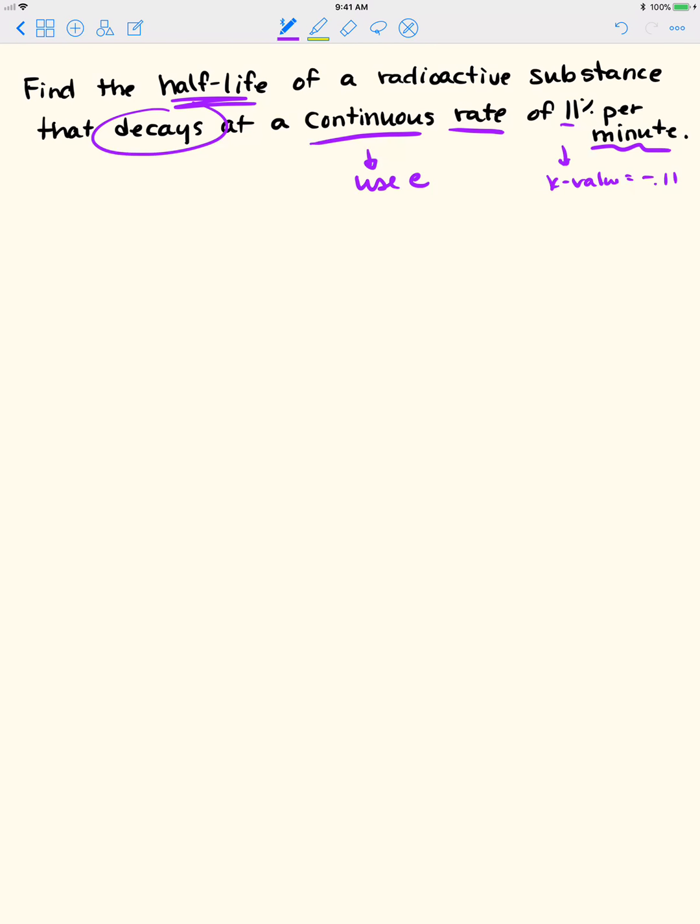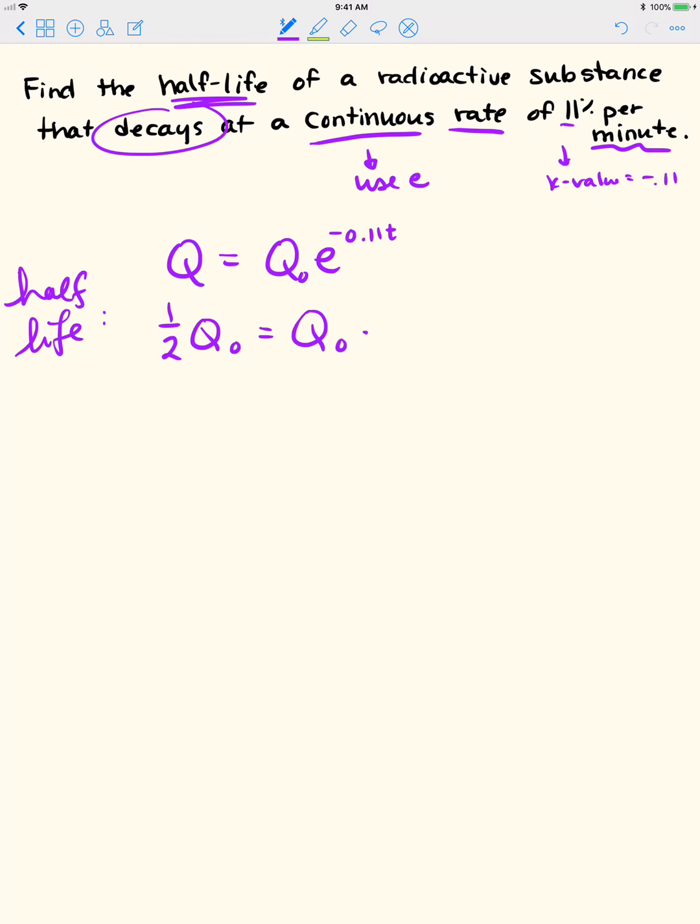So our formula, P or Q, pick your letter, is some initial value times e to the negative 0.11 t power. That's our initial setup. If we're trying to do, again, half-life, then we want to know half of that initial value equals some initial value times e to the negative 0.11 t.